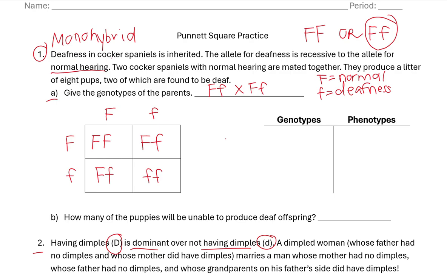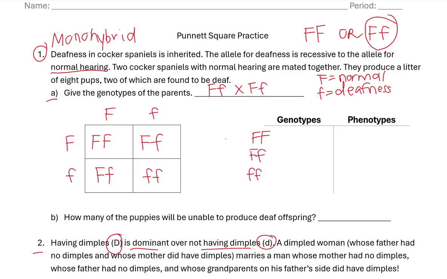Now we need to find the genotype and phenotype probabilities. Remember that genotypes are represented by the letters. So there are 3 possible genotypes that we could have here. We could have homozygous dominant, heterozygous, or homozygous recessive.